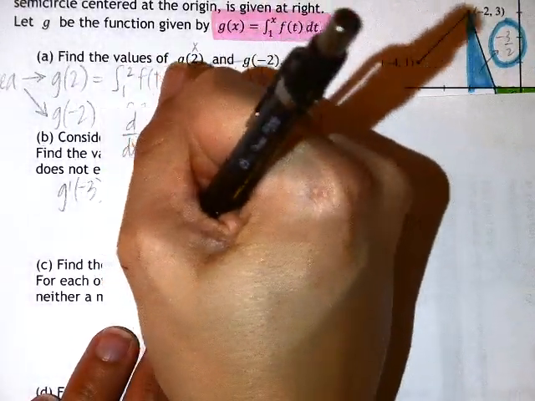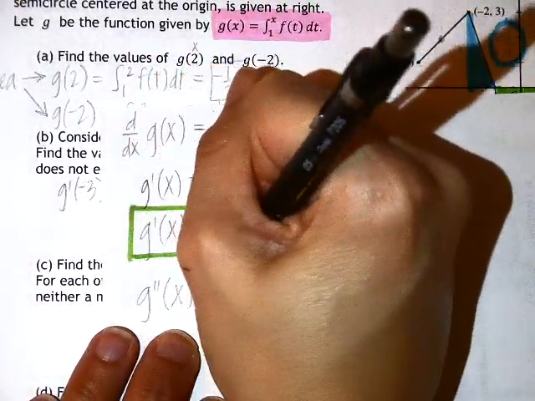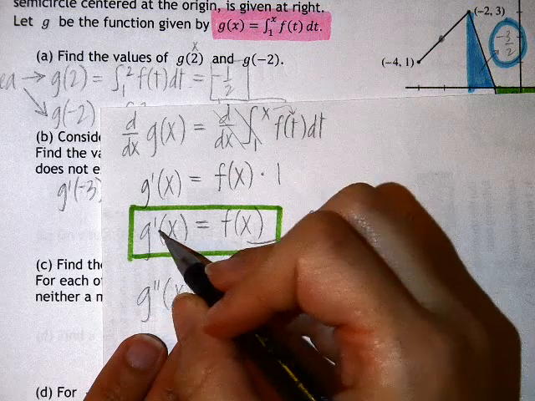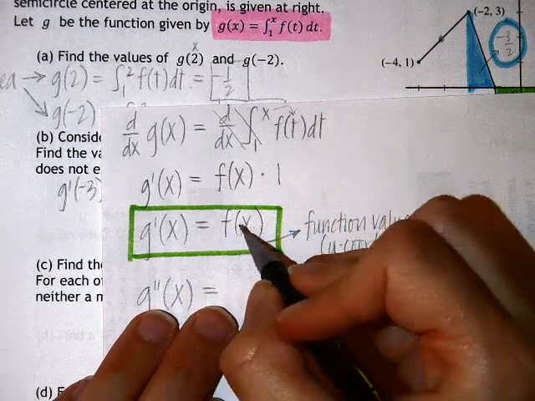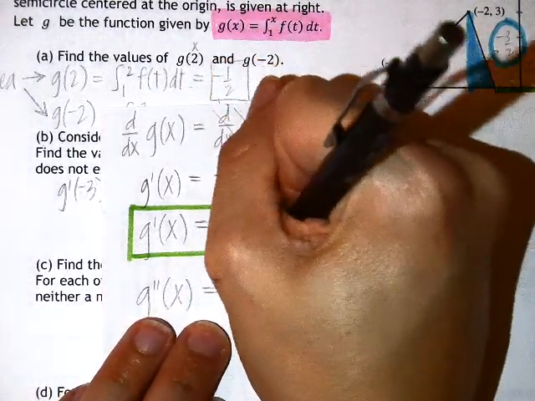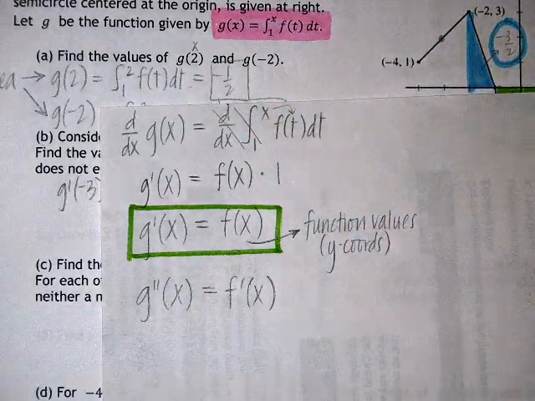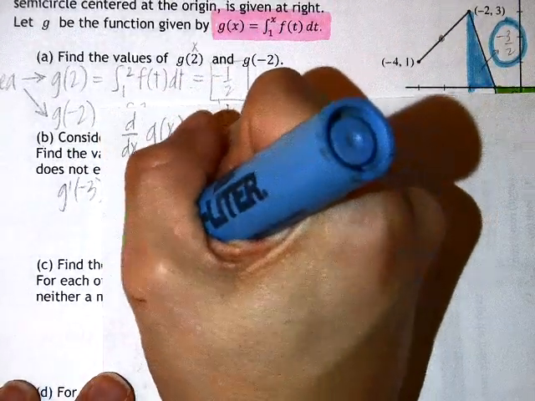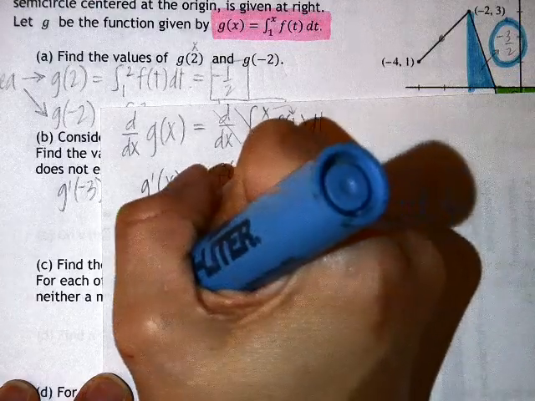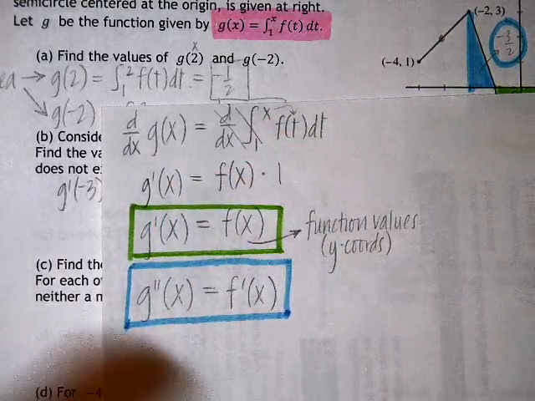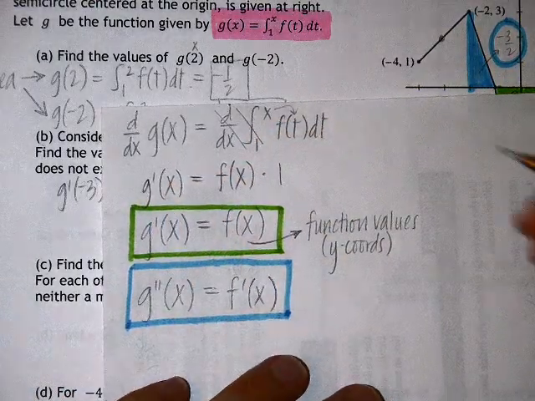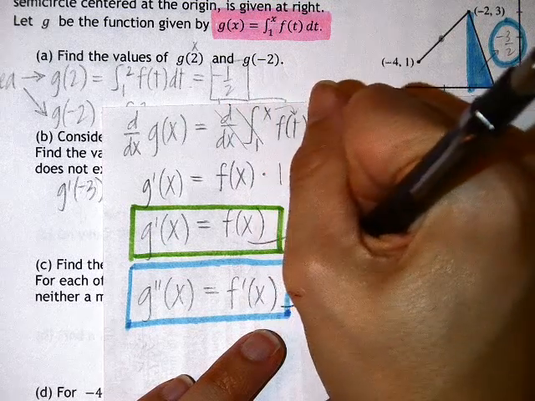G double prime would be the derivative of G prime, which means the derivative of f. The derivative of f would be f prime, which on its own doesn't seem like it's all that important, but in the context of a graph can be extremely helpful. F prime is just slopes on a graph.